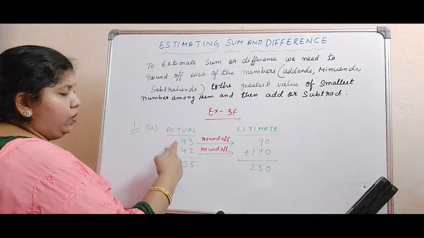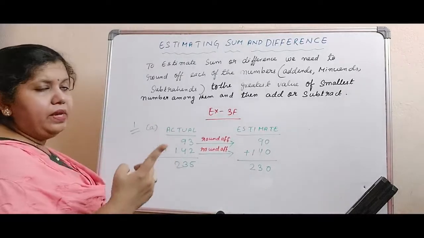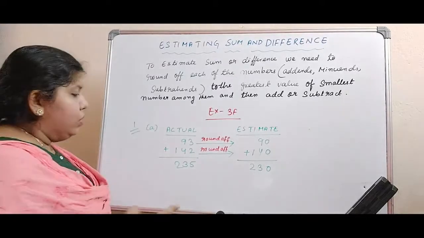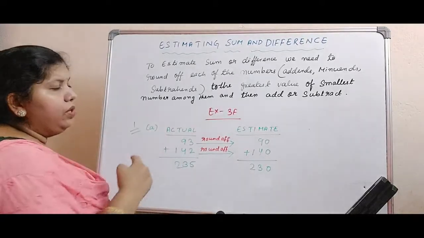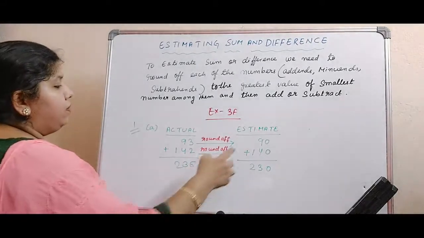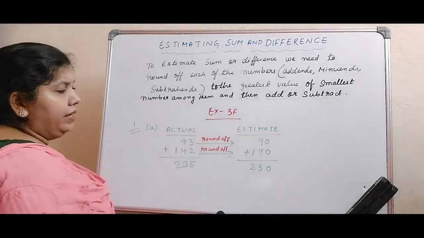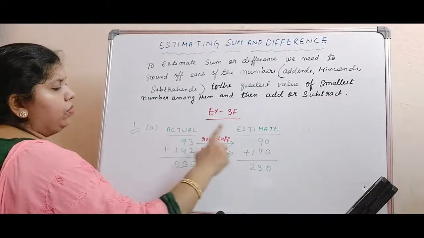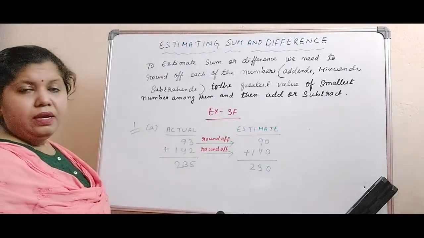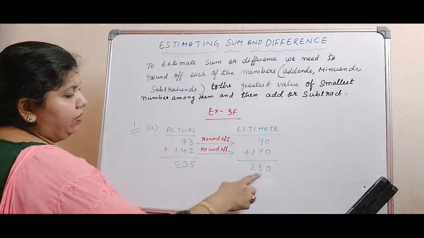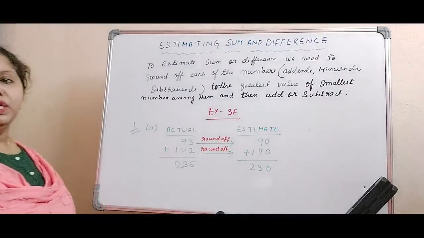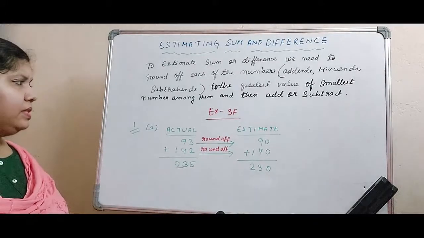So the highest place of the 2-digit number is the tens place, and both numbers are rounded to the nearest tens. 93 is rounded to 90, 142 is rounded to 140, and adding them we get the answer 230. I hope this is clear.